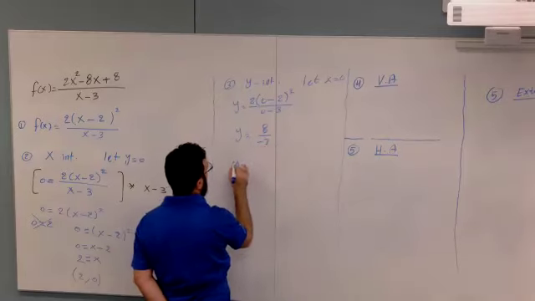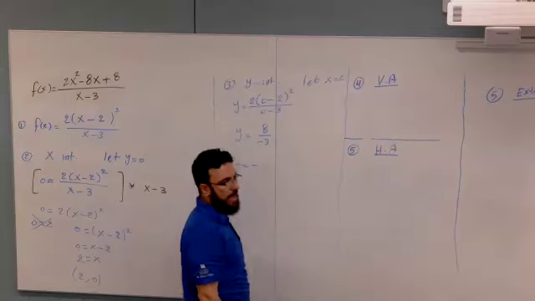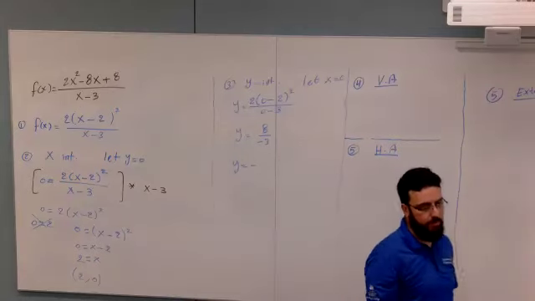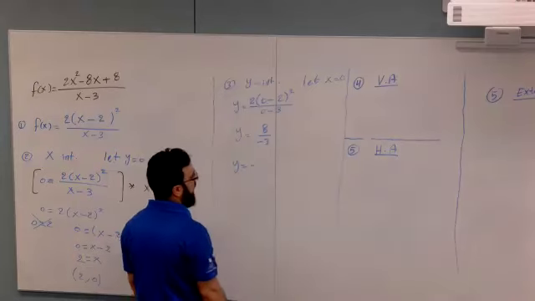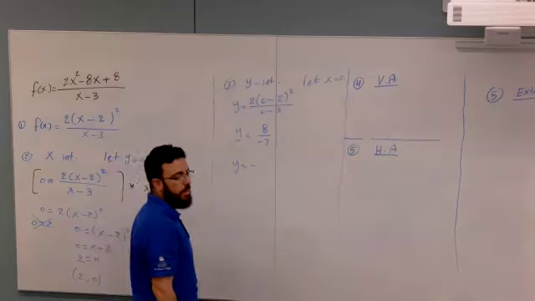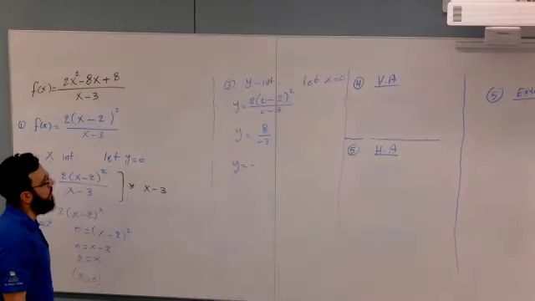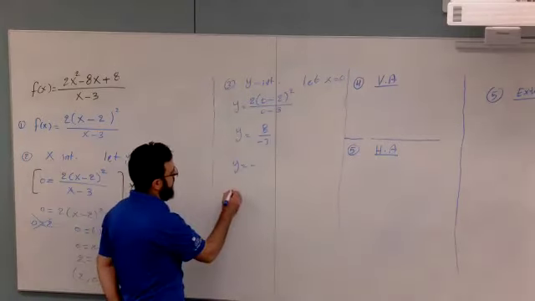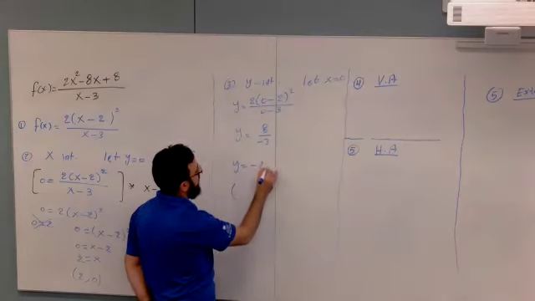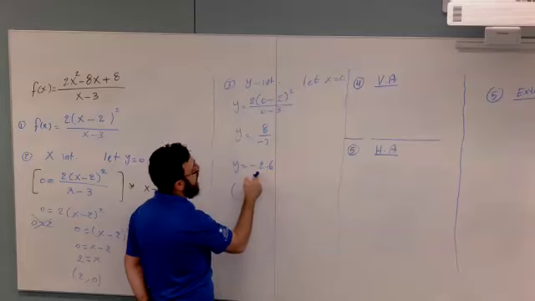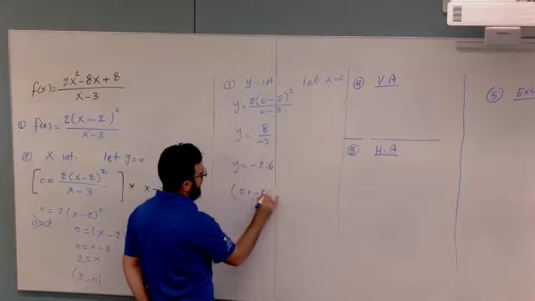So how much is the value of y? 8 divided by 3. It is bigger than 2. How much is it going to be? 2.6. So I need this point on the graph. That means 0 and negative 2.6.